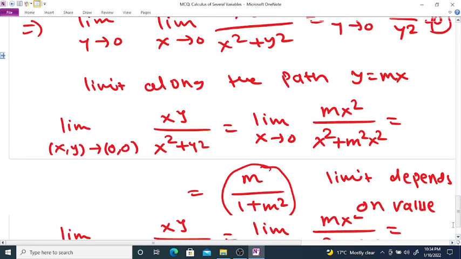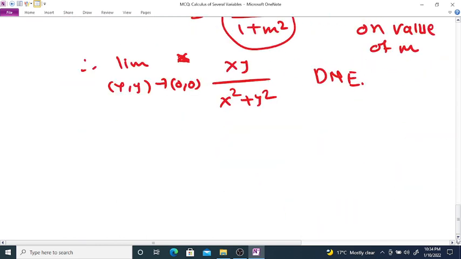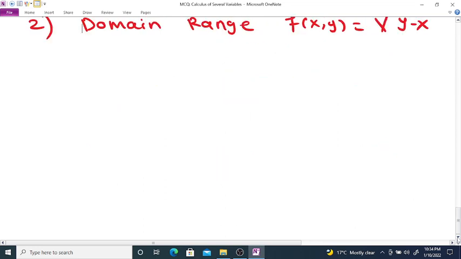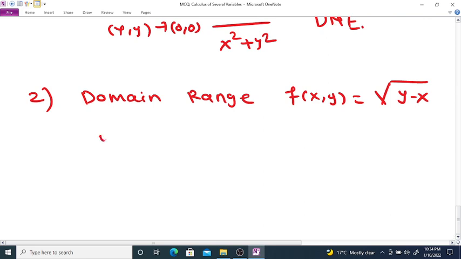So now next example, find the domain and range of f of xy equal to square root of y minus x. We know that the square root function is defined only if the term inside the square root is greater than or equal to 0.